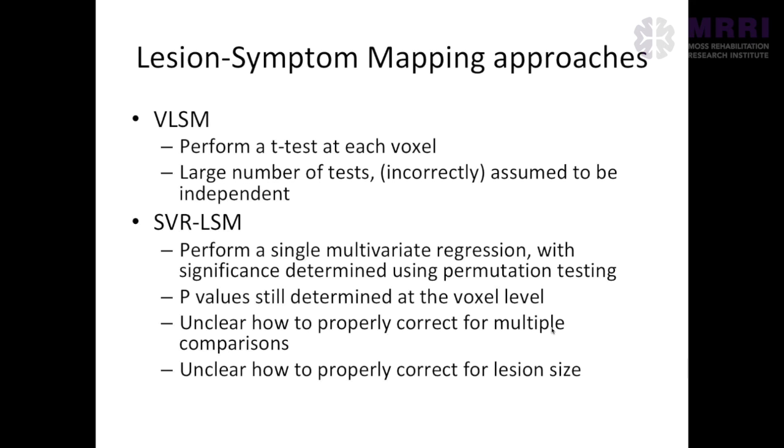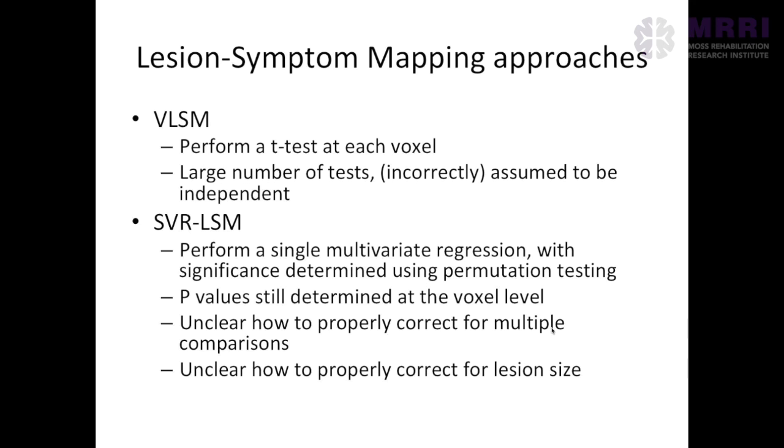But the downside, as we talked about last week, is that if you want to interpret the map that you get back, you have to run permutation tests and then go in and look voxel by voxel. So you're still looking at the voxel level, and there is some uncertainty about what to do about multiple comparisons corrections, because this is no longer a large number of individual tests, and it's no longer a single test across all these voxels.